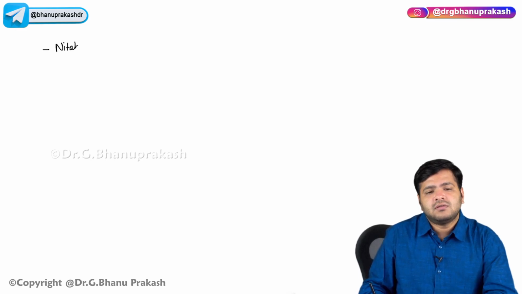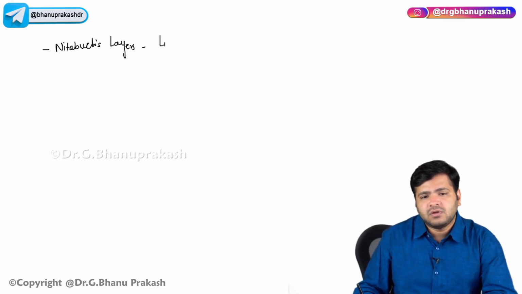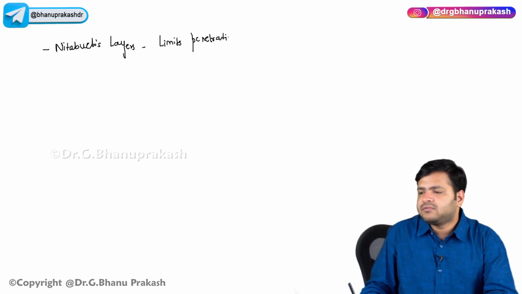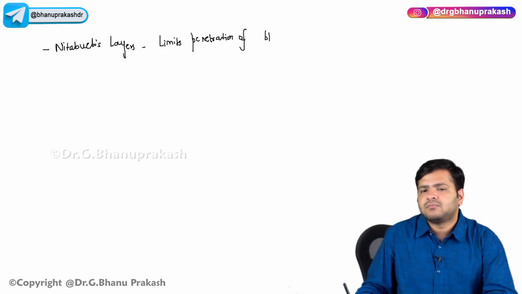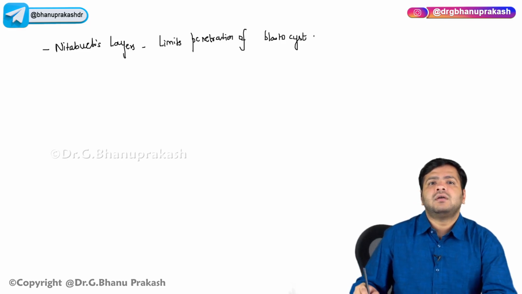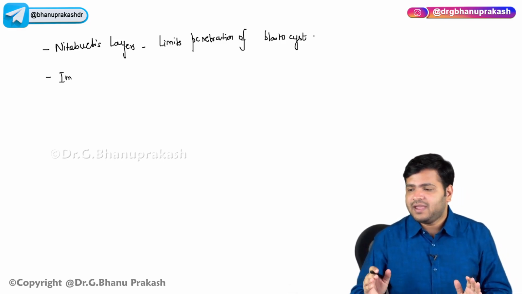Now there is something called as the Nitabuch layer, right? The Nitabuch layer, which limits the penetration of blastocyst. Right. Now, the implantation, you already know it is eccentric, it is occurring on one side of the uterus, right?